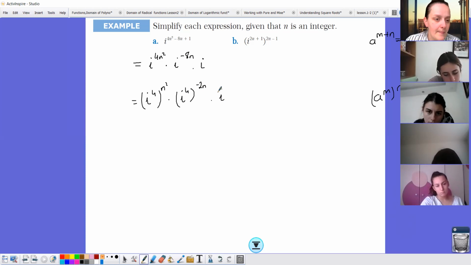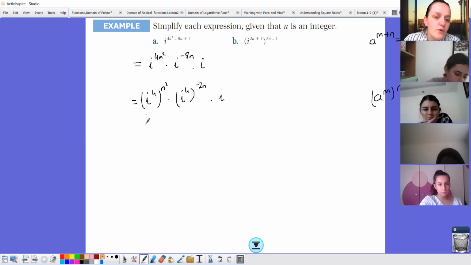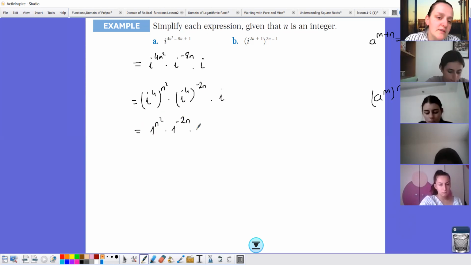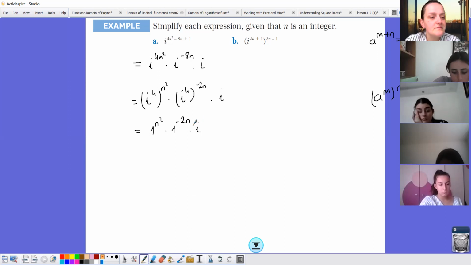Okay, what is i to the power of 4? It is 1. So here what I have is 1 to the power of n squared times 1 to the power of minus 2n times i. 1 to the power of anything is 1.